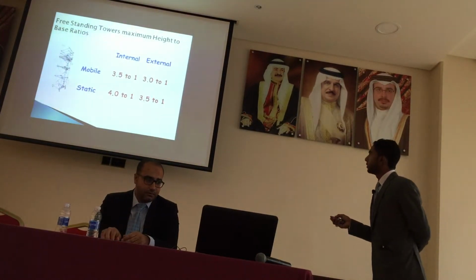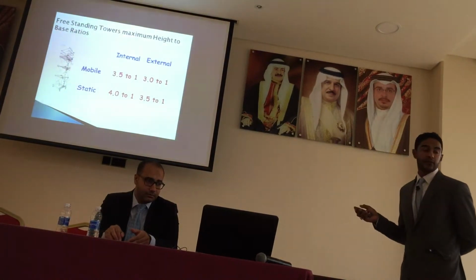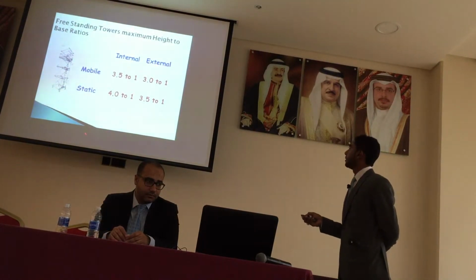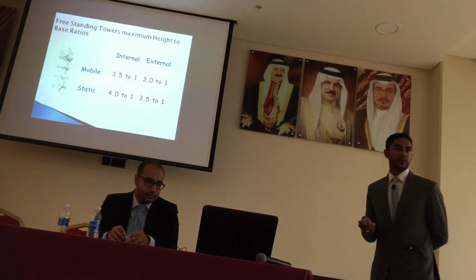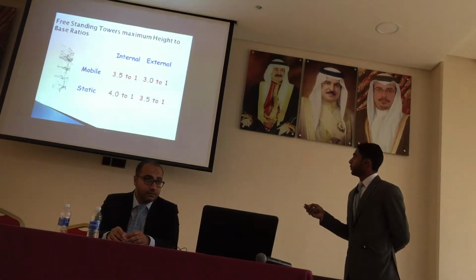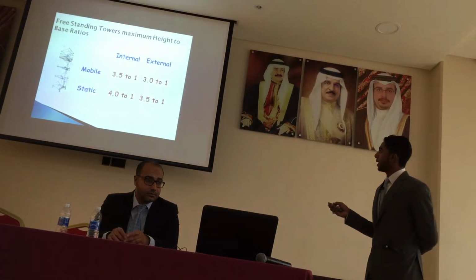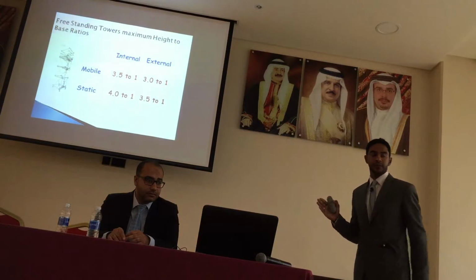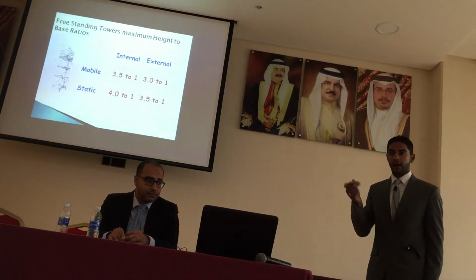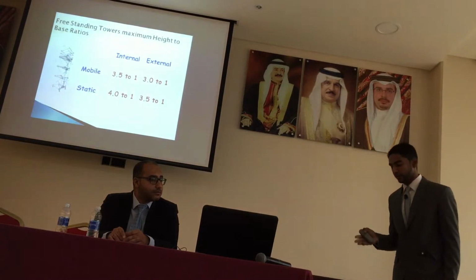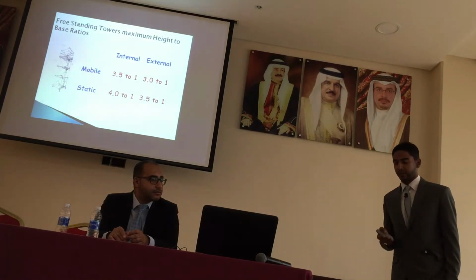There's something called mobile, with caster wheel. Another thing is called static. So mobiles, which use caster wheel, go up to 3.5 ratio to the smallest dimension. I will explain it in simple words so each and every one can know what it means.